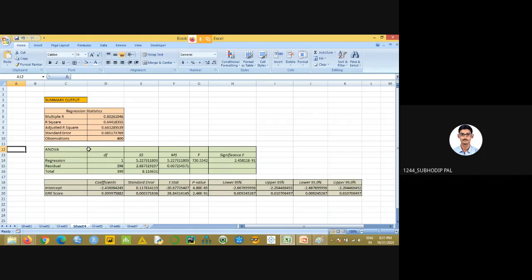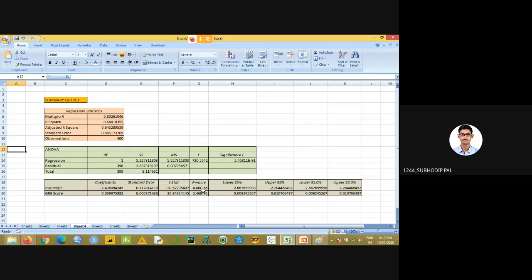So this is the output. This is the regression statistics, and this is the ANOVA table. In this ANOVA table, all these things will be there: SSR, SST, SSE, then MSE, MSR, the F value, then the significance value.